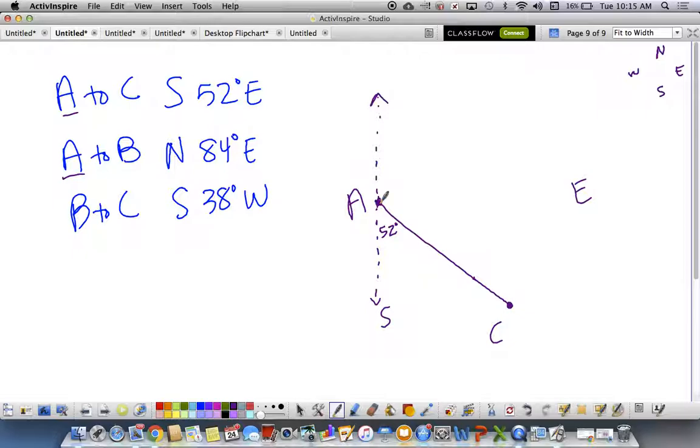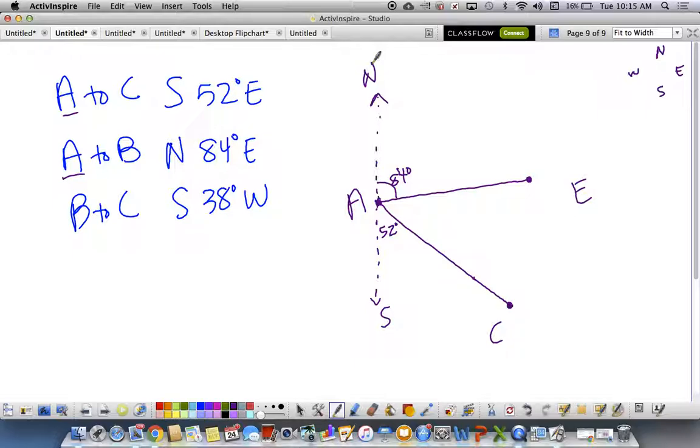Okay? So from A to B is north 84 degrees east. So this here is going to be 84 degrees.